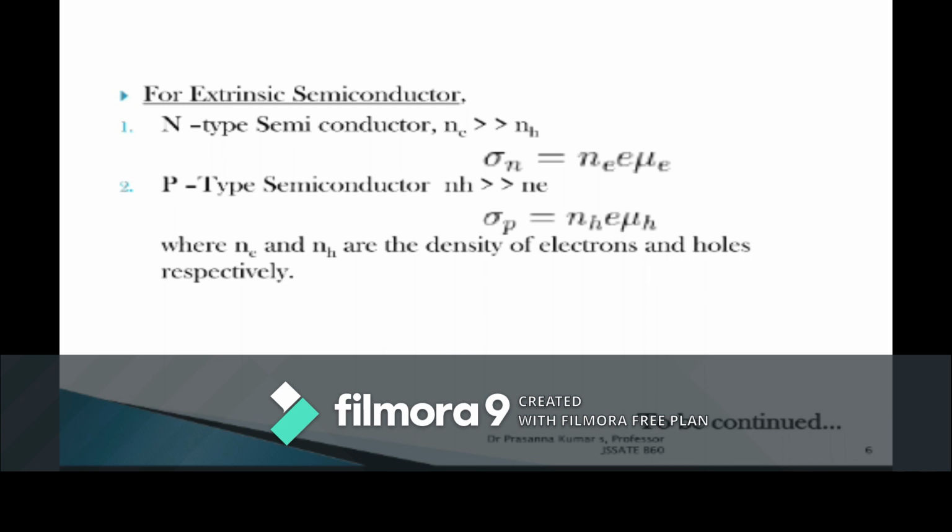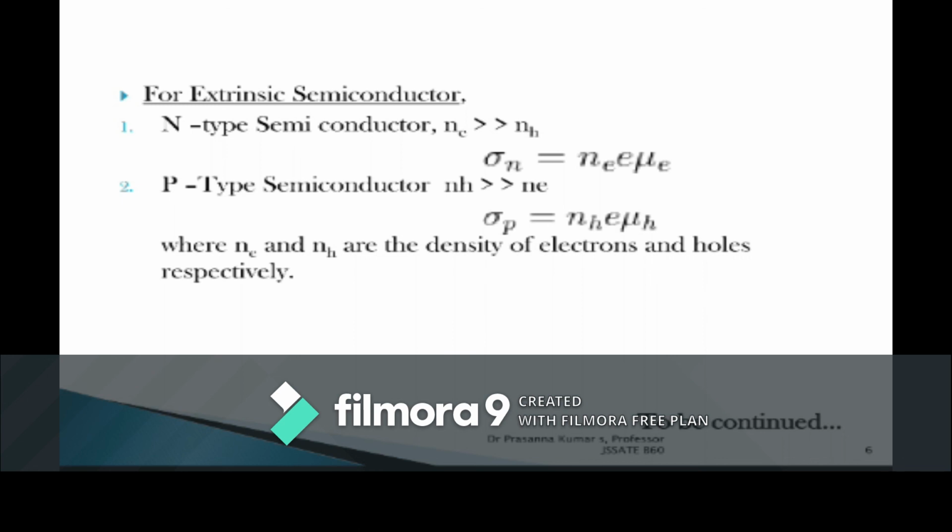Similarly, the expression for electrical conductivity for a p-type semiconductor is sigma_p = n_h e mu_h, because the hole concentration is more. In a p-type semiconductor, a large number of holes will be there. Hence, the hole concentration is very large compared to the electron concentration.